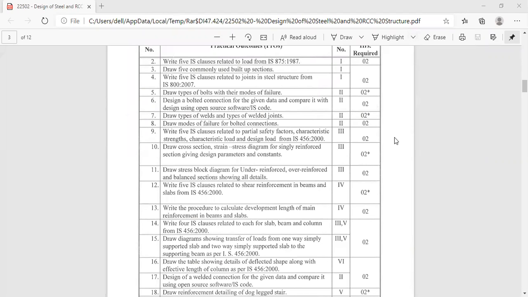Now, in the last lecture, in the last practical, we already covered practicals number 1 and 2.